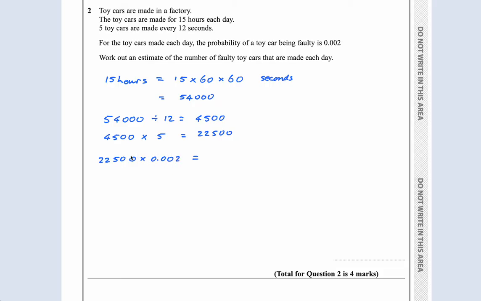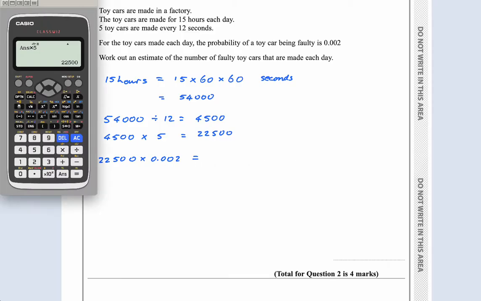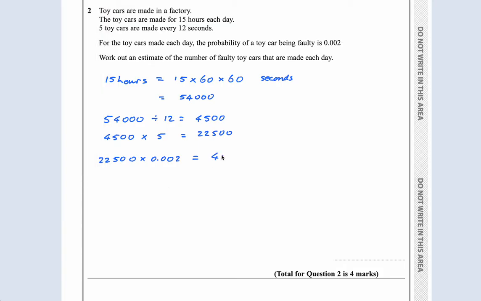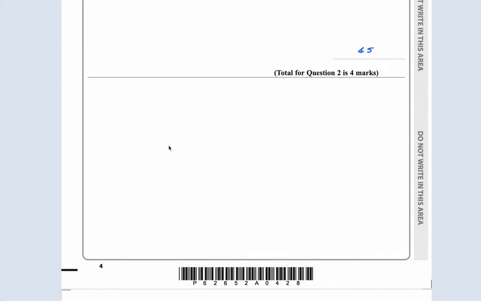So to find out what proportion that is of the total, I just multiply this by 0.002 and I get 45, which is a nice clean number. Okay, so that is an estimate of how many faulty cars we will have. Okay, that is a difficult question 2.